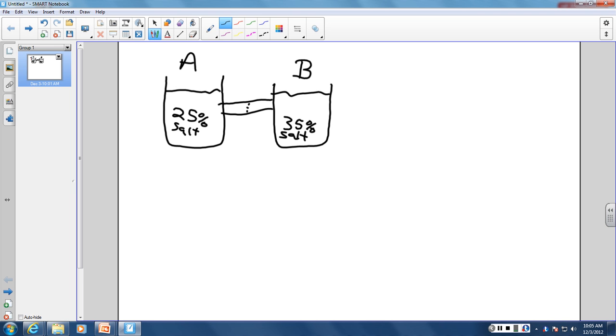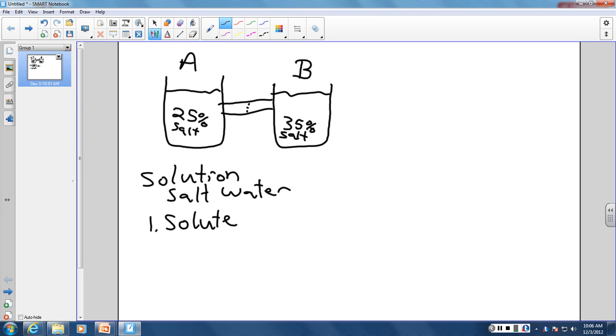I guess you have to understand that first. If you have a solution of salt water, what is the solution? The solution has a what? A solute and a solvent. Right?